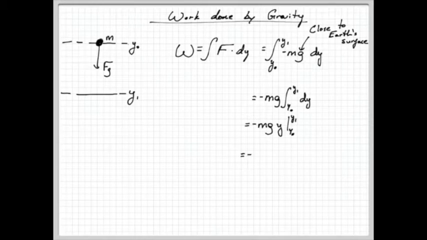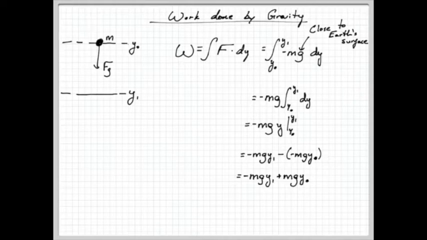We end up getting minus mg y1 minus a negative mg y0. Those two negatives cancel, so it's minus mg y1 plus mg y0.